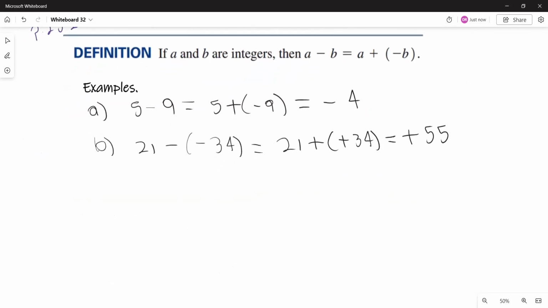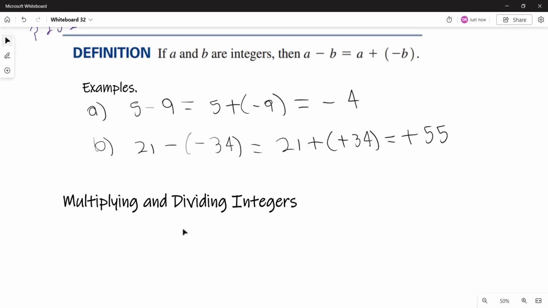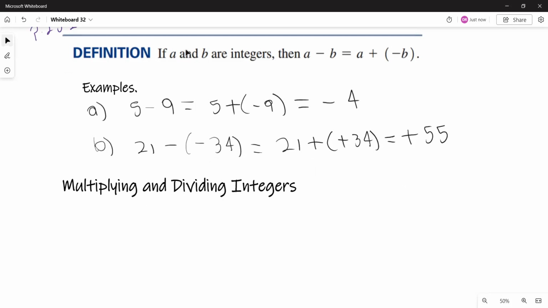So more basic arithmetic, multiplying and dividing integers. So that's still basic arithmetic.